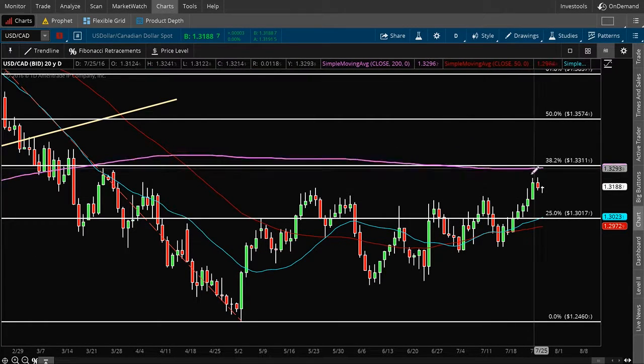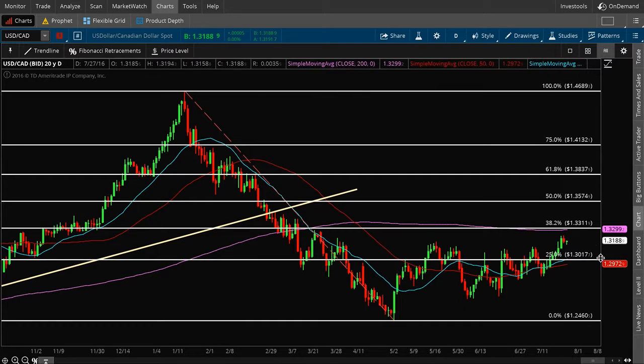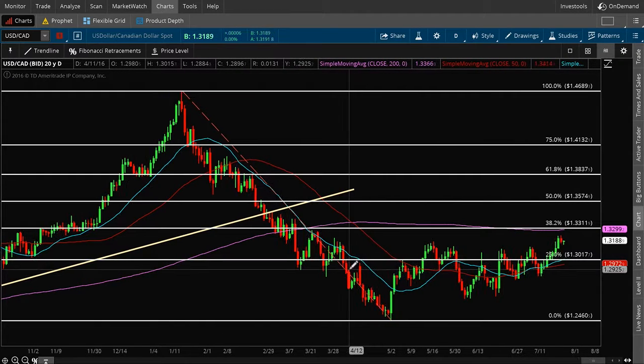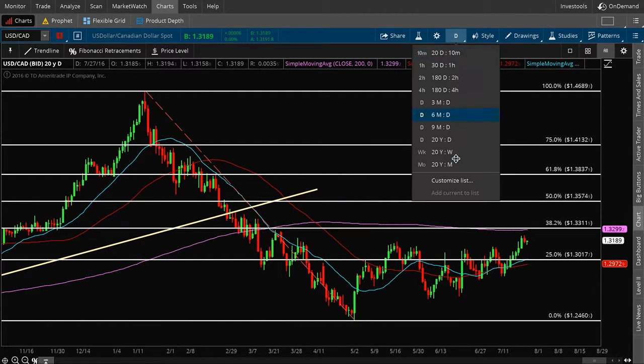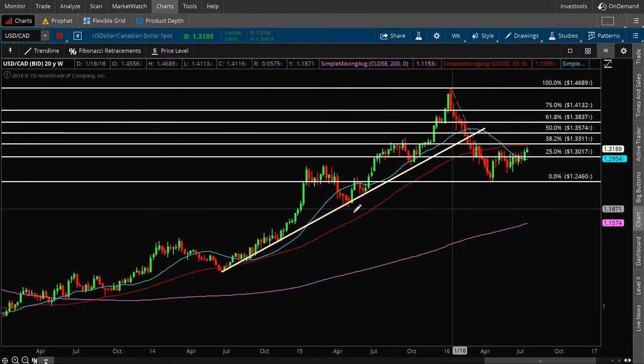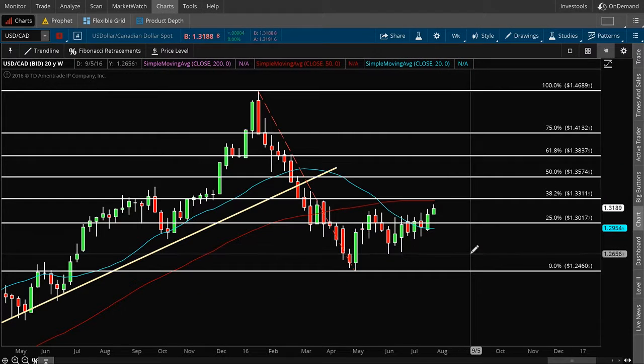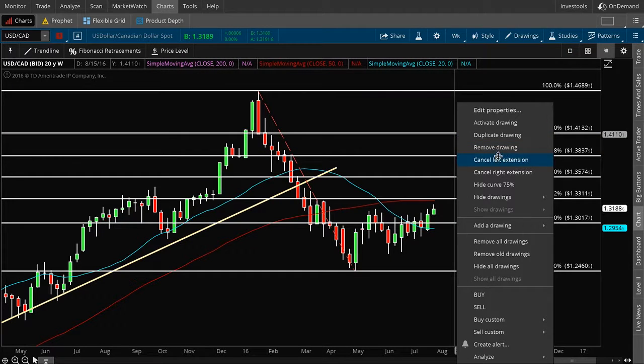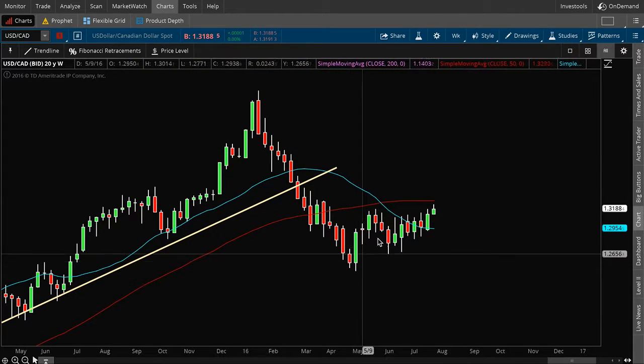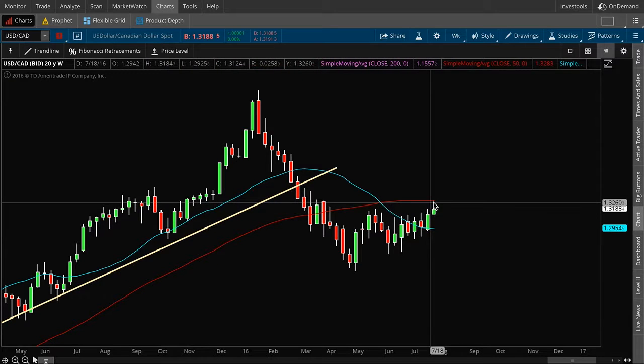So again, to me, that's three reasons why I like this on the short side. On the daily, 200 MA, and on the fibs, I'm looking at a 382 retrace or a 7.5 if you're looking at a larger time frame like I showed you on the monthly time frame. Now on the weekly, I do like this also. Let's go ahead and get rid of that. On the weekly, there it is right there.